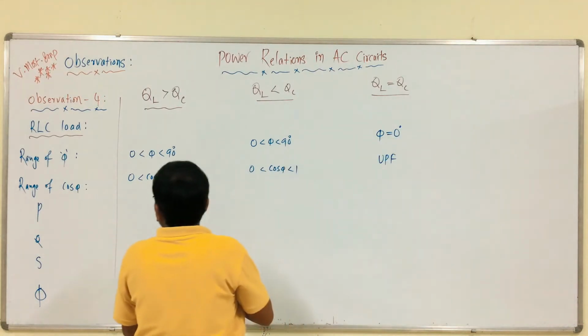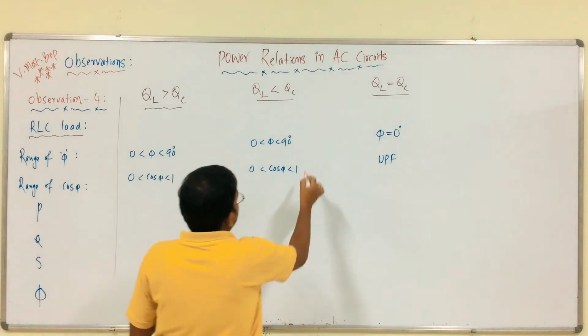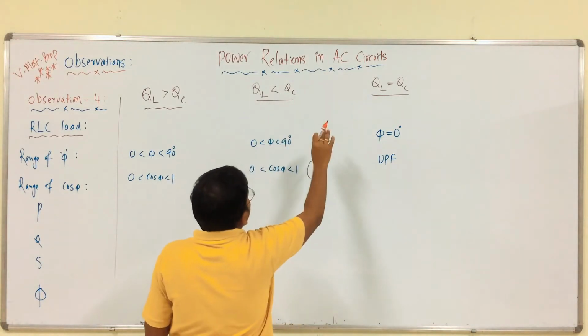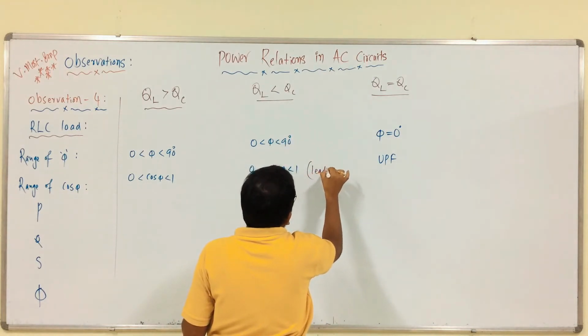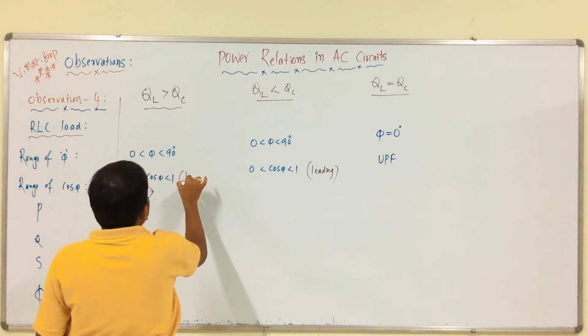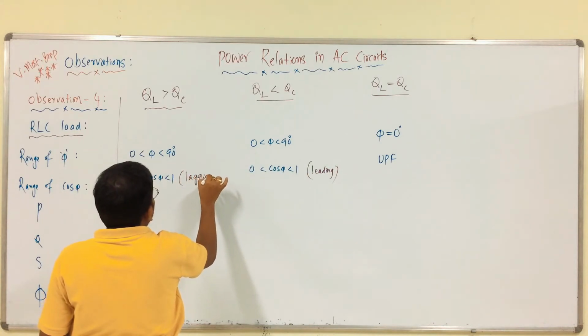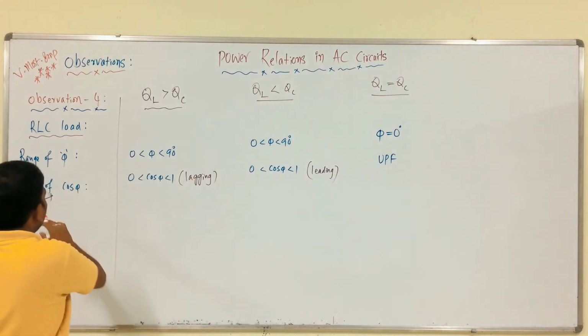UPF. We can say if it is QL less than QC, it means capacitive effect is more than inductive effect, that is leading. Here we can call it lagging, right?